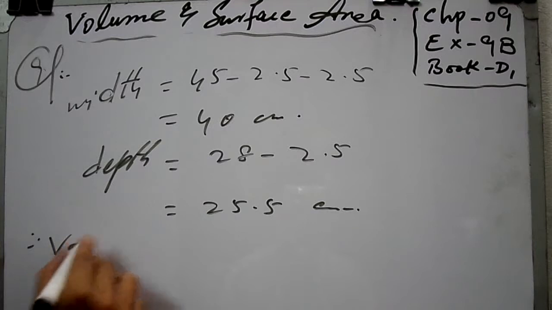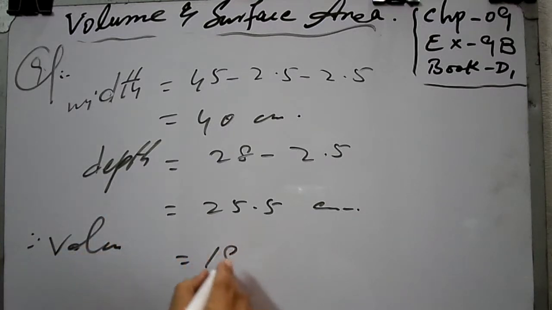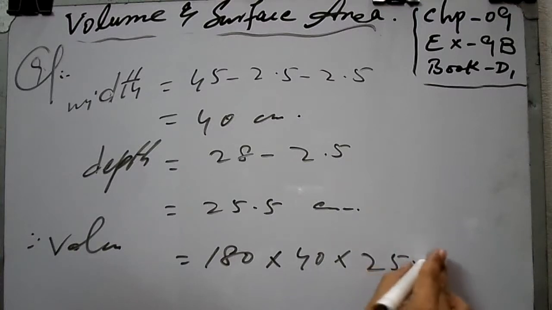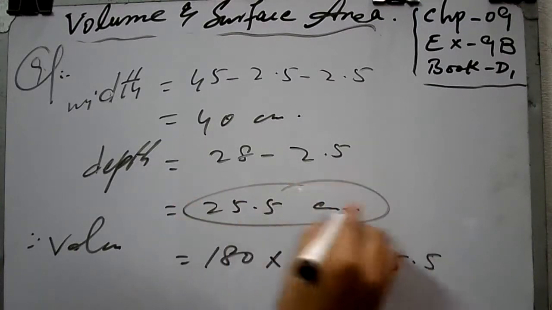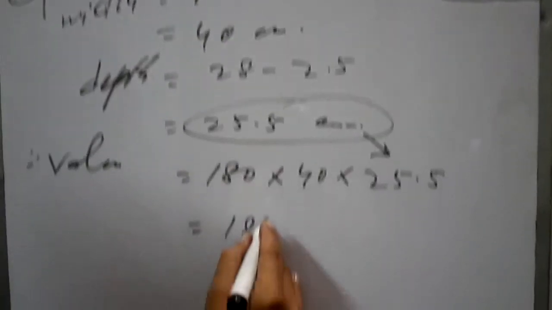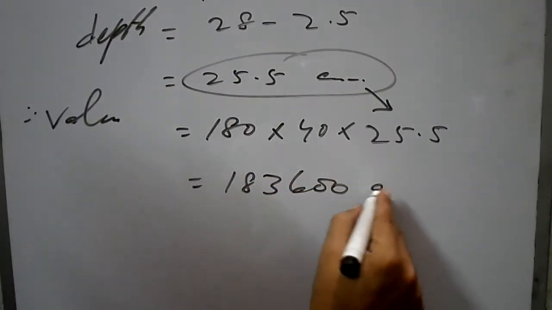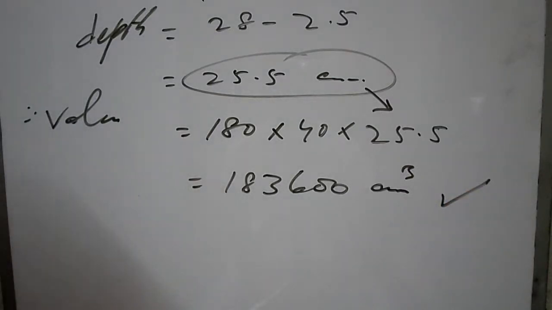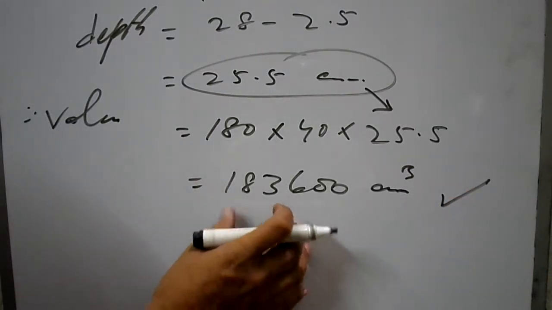Therefore volume is 180 multiplied by 40 multiplied by 25.5, that is 183,600 centimeter cube. But the volume of the wood you have to subtract.